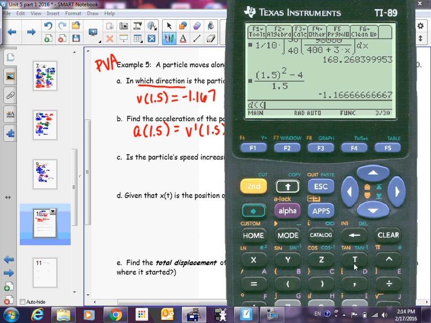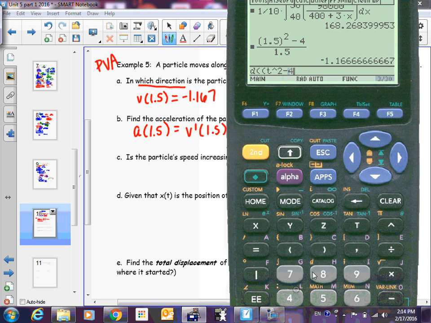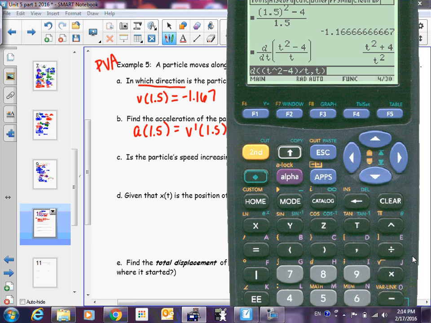Okay, so then we're going to do, and I'm going to go ahead and use t. Whoops, I cleared that off. I need to put t squared minus 4 in its own set of parentheses. Now, if you just wanted to find the derivative, the acceleration expression, we could stop there.